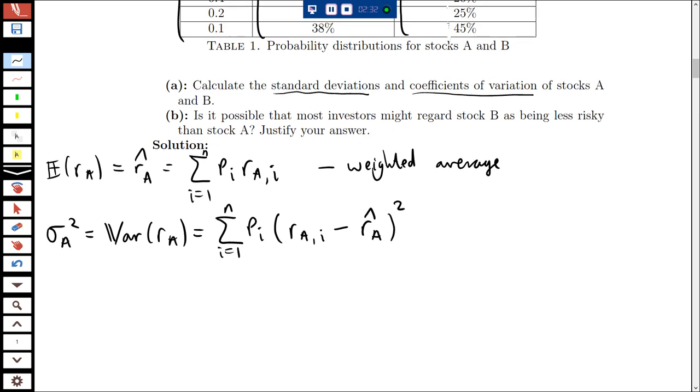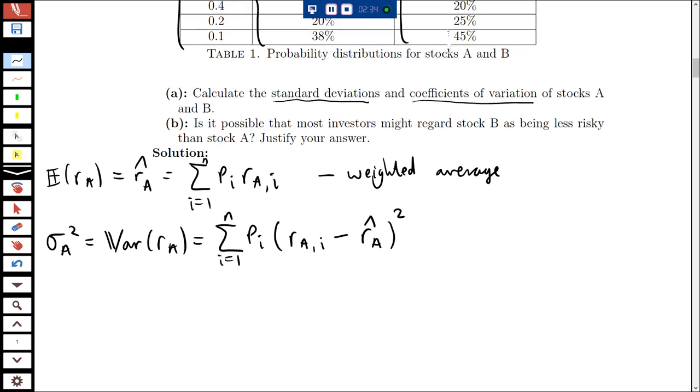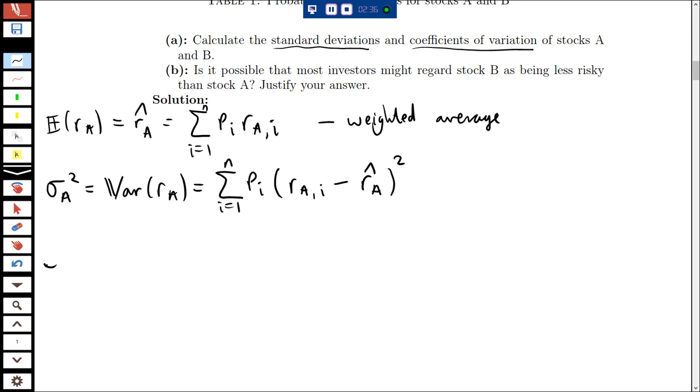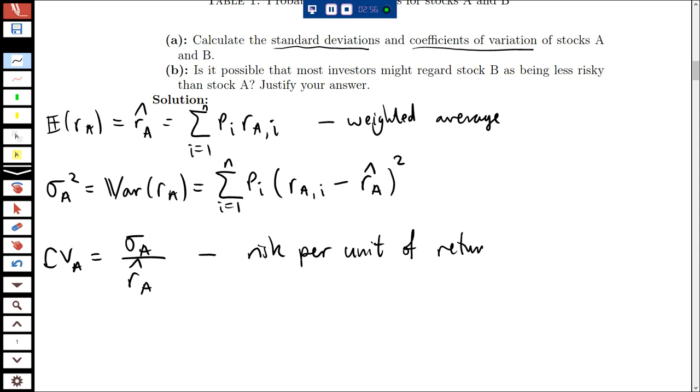It's a standard equation. And finally, the coefficient of variation is the total risk over the expected return. So this is the risk per unit of return. Okay, so these are the equations that we need.